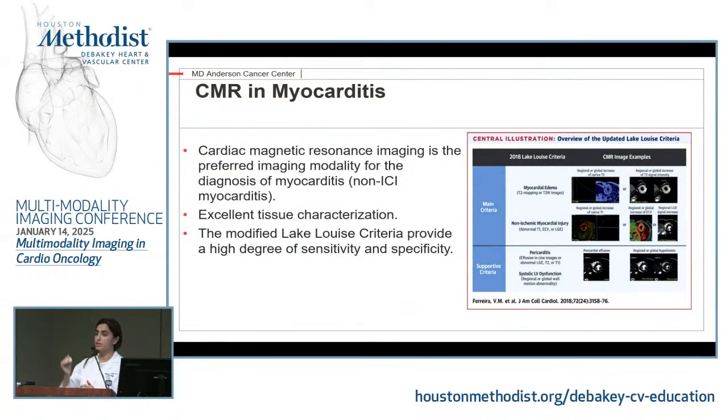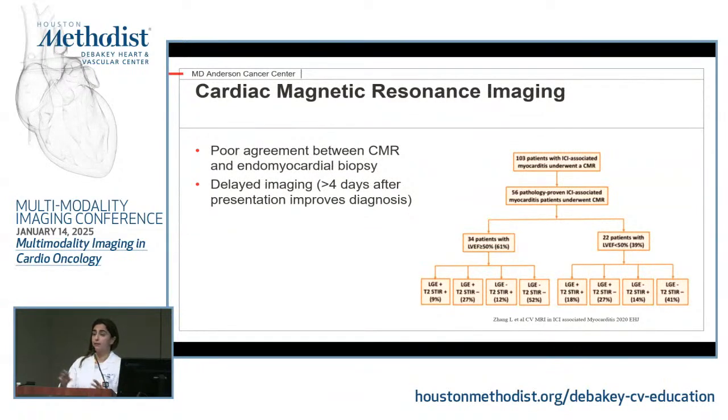The T1 based techniques look at fibrosis, and the ECV with T1 mapping looks at the permeability and the fluid edema within the space. And the T2 edema imaging is very stark, and we have sensitivity and specificity upwards in the 80s. When we look at implementing the modified Lake Louise criteria for ICI myocarditis, we fail. We fail miserably, especially early on.